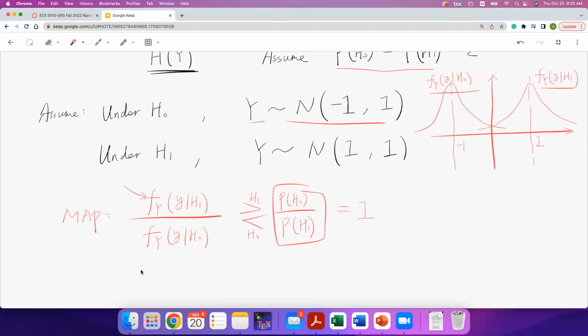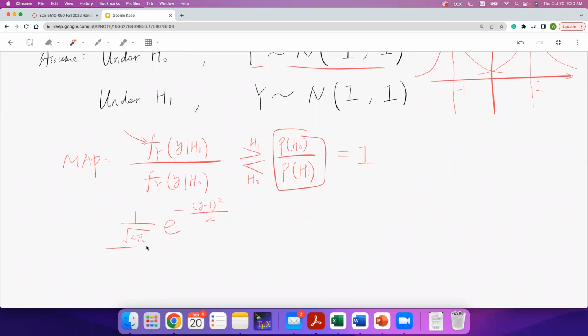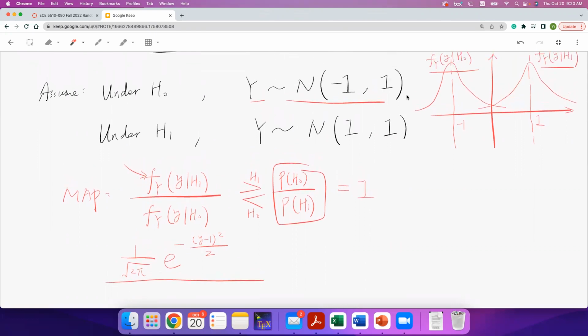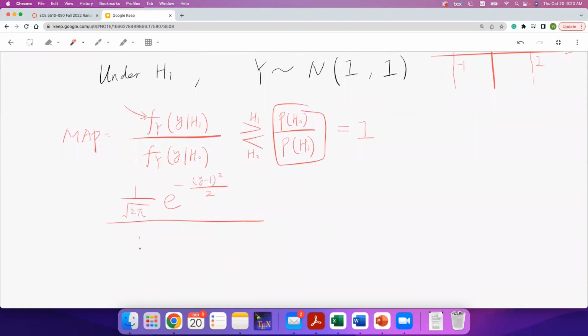So the PDF is 1 over the square root of 2 pi, times e to the power of negative (y minus 1) squared, because we are centered at 1, divided by 2, because we have unit variance, divided by the denominator, which is under H0, where this Gaussian distribution is centered at negative 1. So it's different.